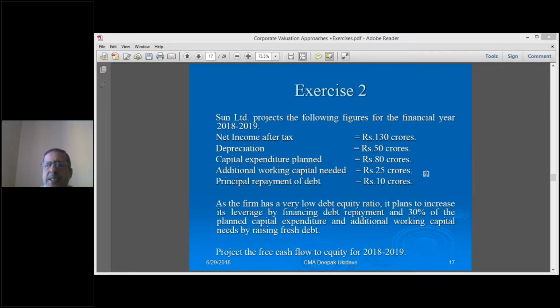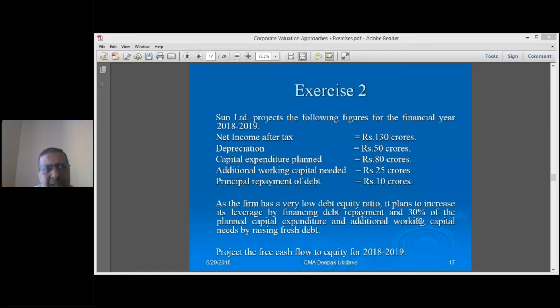Solve this exercise too. It's very simple, but only tricky in terms of the language. The company is raising fresh debt. Any fresh debt raised will add to your cash inflow. And repayment of existing debt will reduce your cash inflow. So all activities which result in cash inflow you add, and all activities which result in cash outflow you deduct.